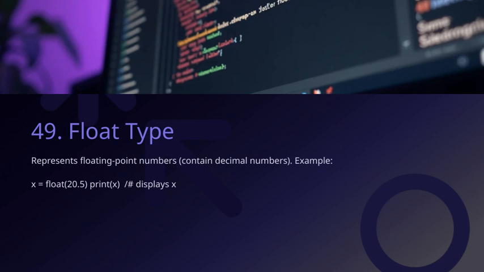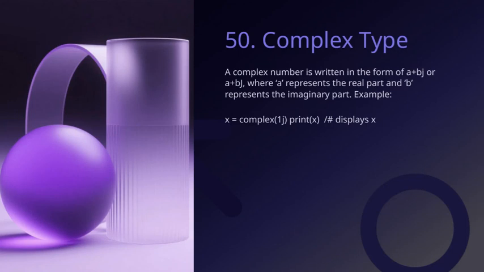Let's look at how to create and display a complex number in Python. When we write x = complex(1j), we're defining a complex number where the imaginary part is 1. Then, by using print(x), we can see the value of that complex number. A complex number in Python is written in the form a + bj, in this notation. a is the real part, and b is the imaginary part. For example, if we have 3 + 4j, the real part is 3, and the imaginary part is 4.